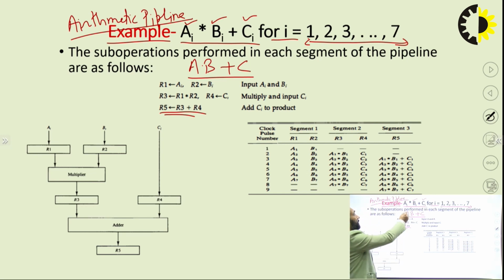As we see here, the first variable is stored in register R1. As I said earlier, after each segment we have a register that holds the result of that specific segment. Likewise, B is stored in register R2, and the result of R1 and R2 in the form of multiplication is stored in R3.